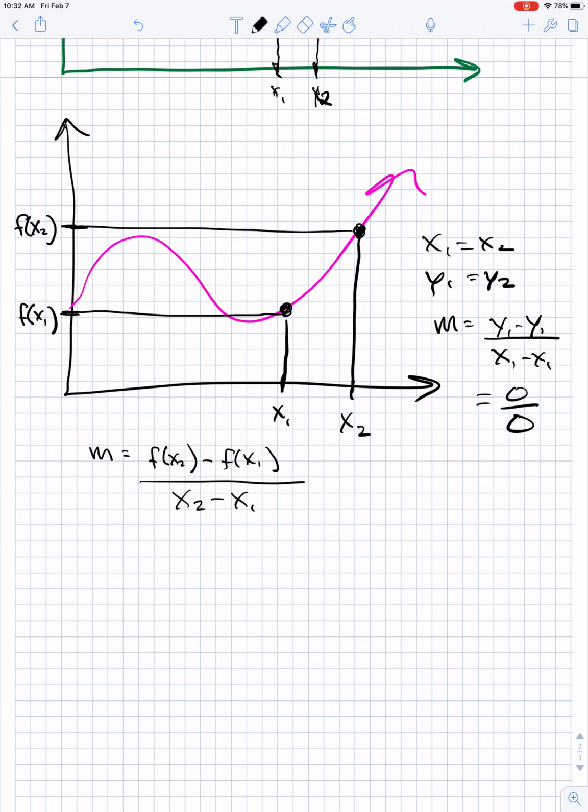Furthermore, instead of x2 minus x1, I'm going to call the distance between x1 and x2 h. Because what are we trying to do? We're trying to get x1 and x2 right on top of each other, right? So if we do that, would you agree that x2 minus x1 equals h? Why? Well, that's pretty obvious, right? This distance minus this distance is the distance in between, or h.